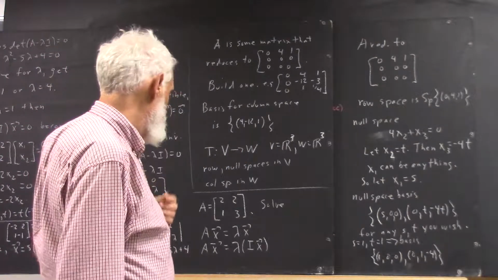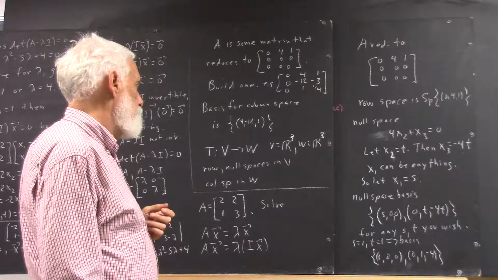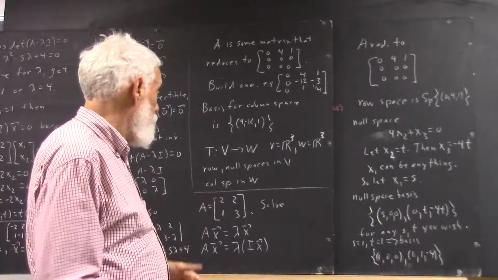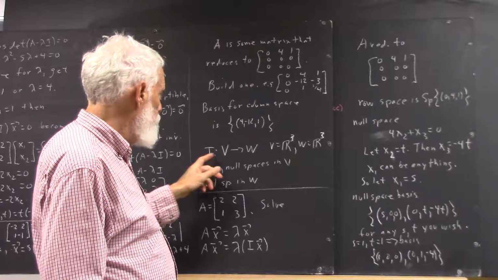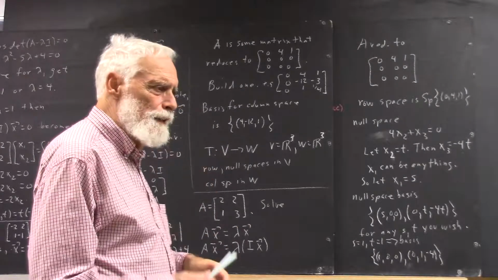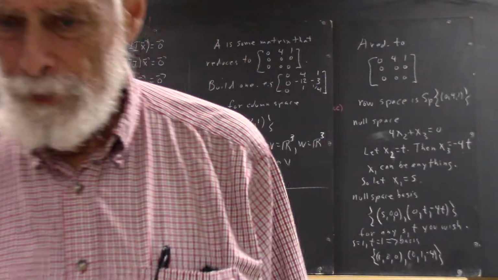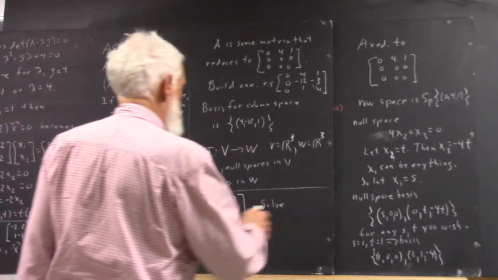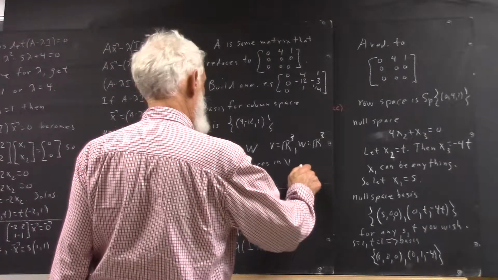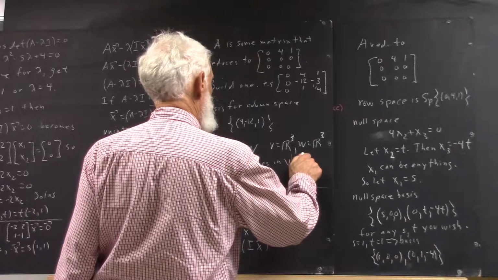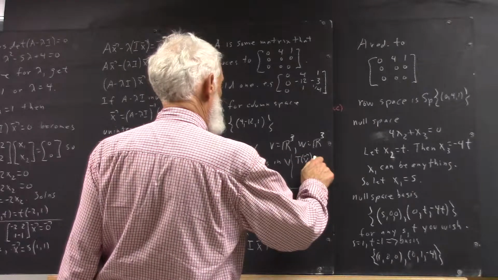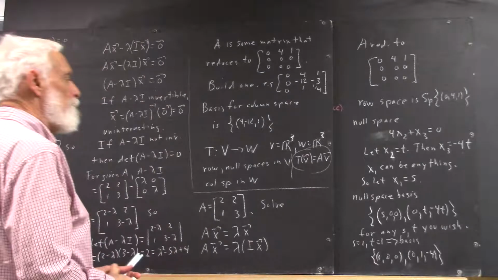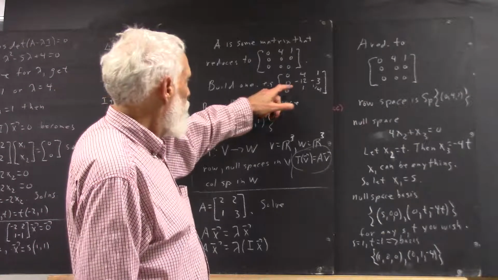Okay, now, if this is a mapping, if we define a mapping T from V to W, and I didn't really write the definition of that mapping because everybody had it on a piece of paper, but the definition of the mapping is just T applied to V is just A multiplied by V. So our transformation is just defined by this matrix.